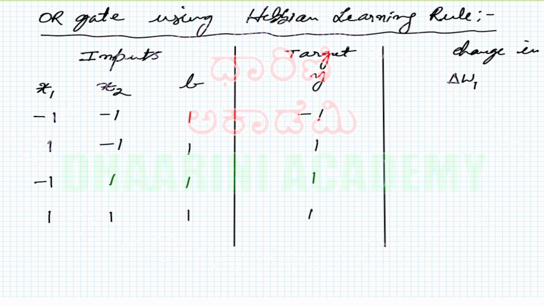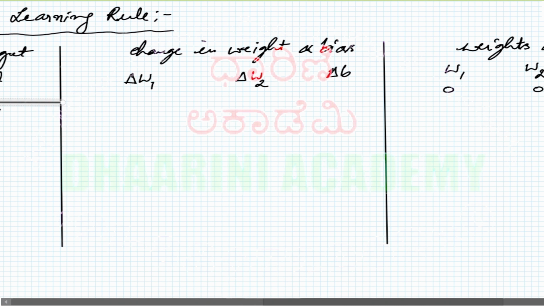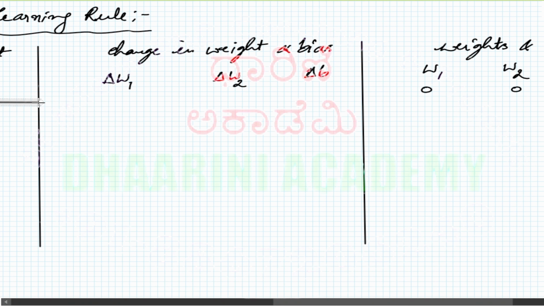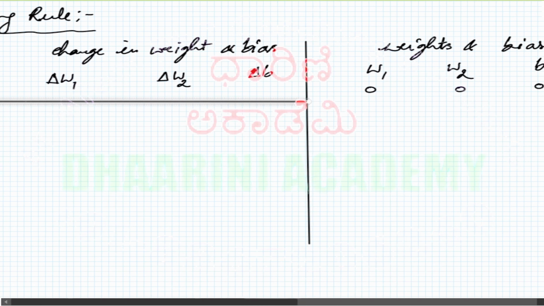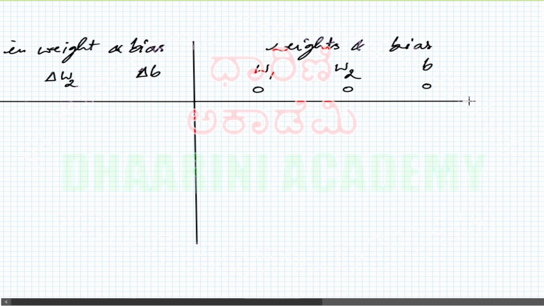Okay, so now as usual let's start with our regular calculation. What is delta W1? You remember the formula, right? Can you apply the formula and tell me the answer? There is an equation for delta W: it's xi times yi.